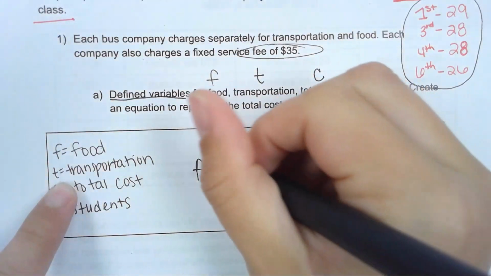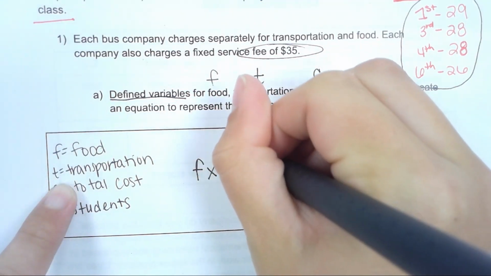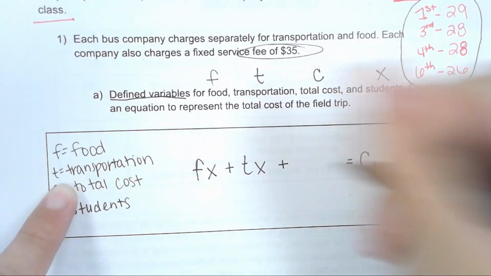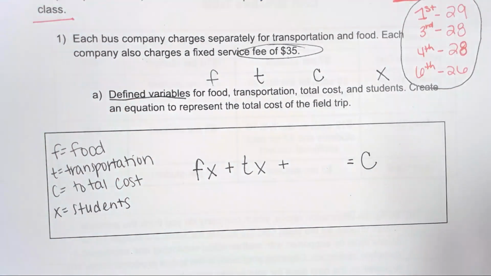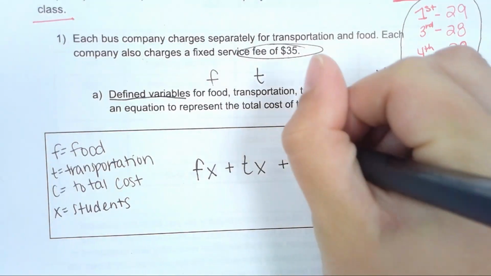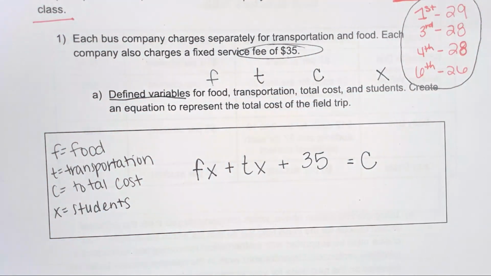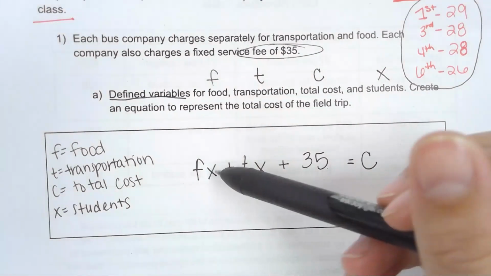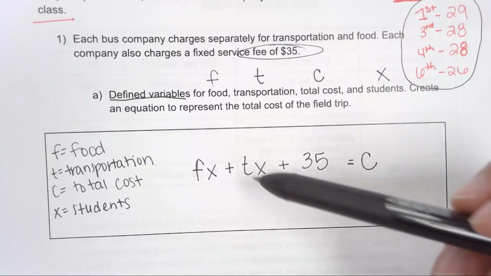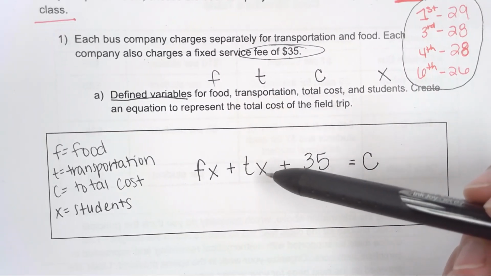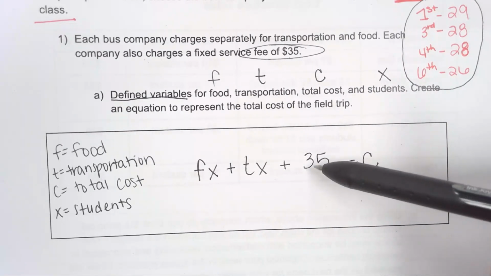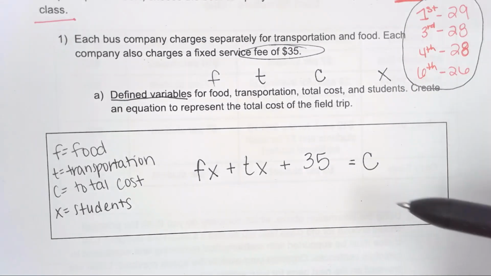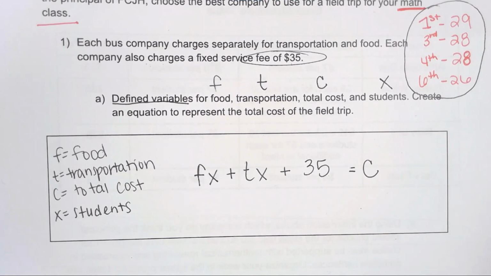So that would be T times X. And then the last thing that you have to add on is that $35 service fee. So this is what your equation would look like. You're taking your food times the amount of students plus the transportation times the amount of students plus the $35 service fee, and all of that will equal your total cost. Okay.